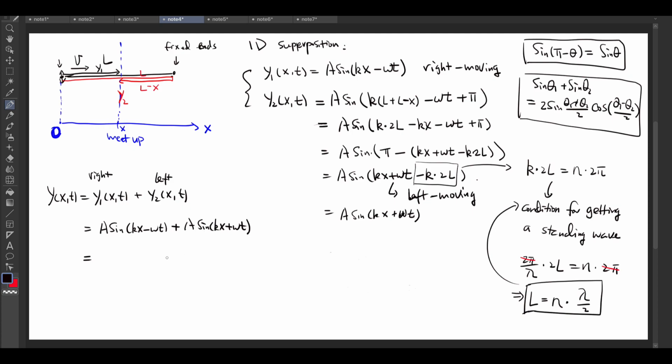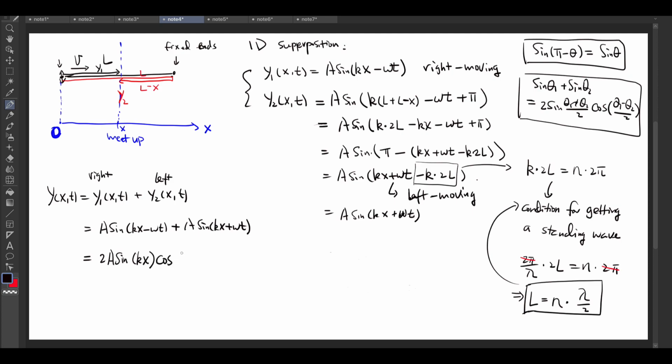Okay, so let's use that. So we have a here, a common factor, and then that's additional 2. So that's this 2a and sine of kx minus omega t plus kx plus omega t. So omega t cancels out, and we have 2kx divided by 2. We have just the kx.